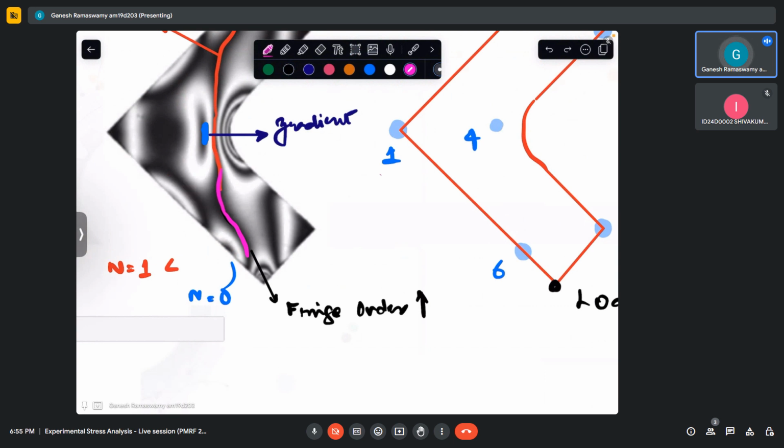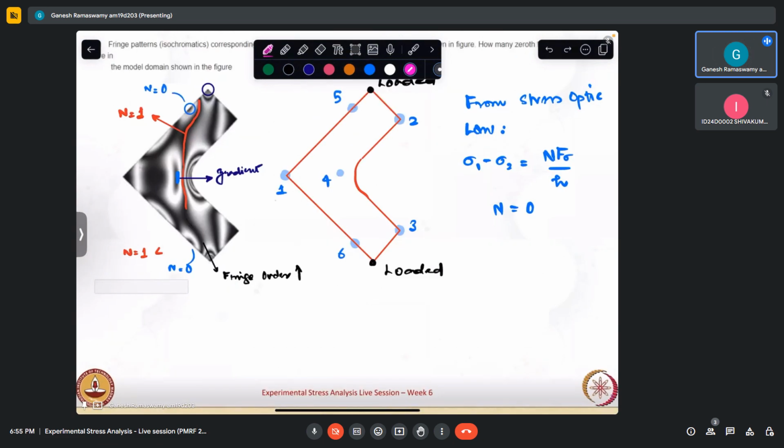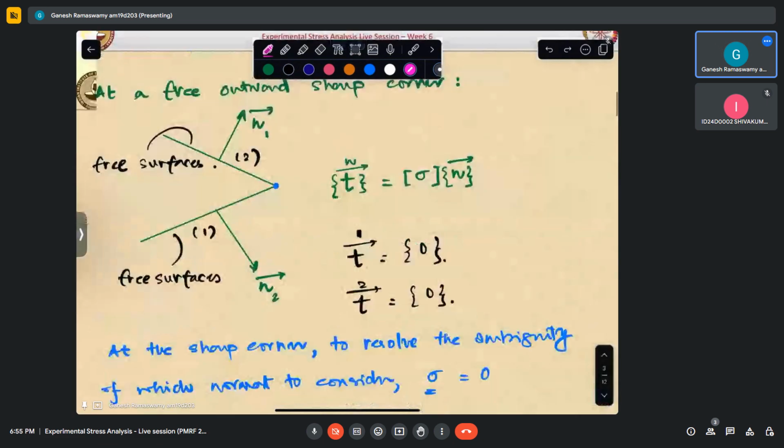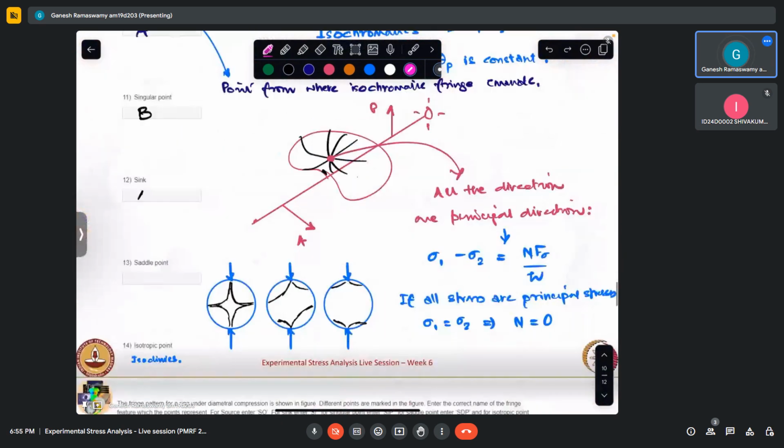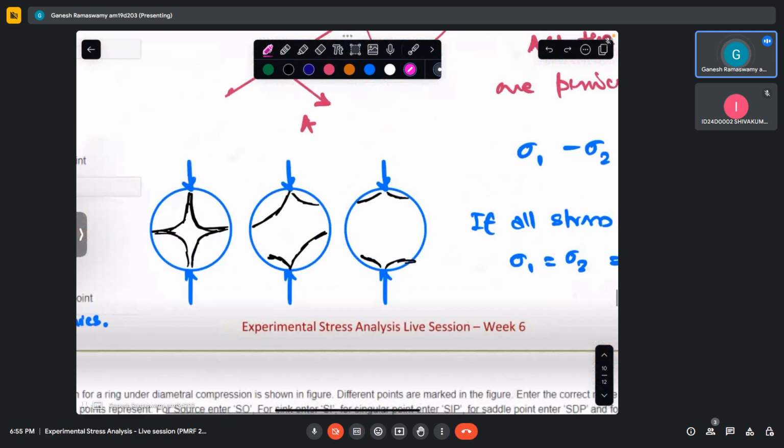If we were to load it more, what we would observe is this will become a fringe and this will become a fringe, and a gap will be generated here. So what is a saddle point? It is basically a point where 2 opposite fringes match and then separate out in the opposite direction.